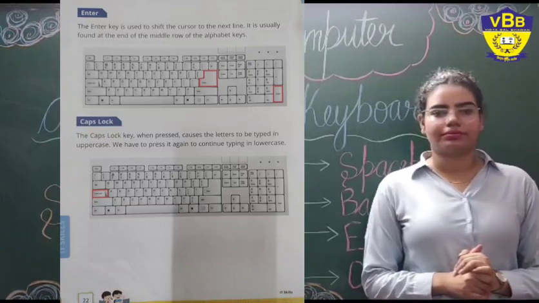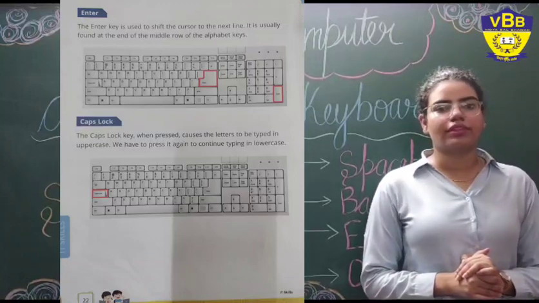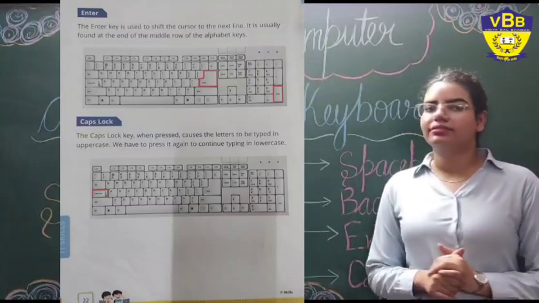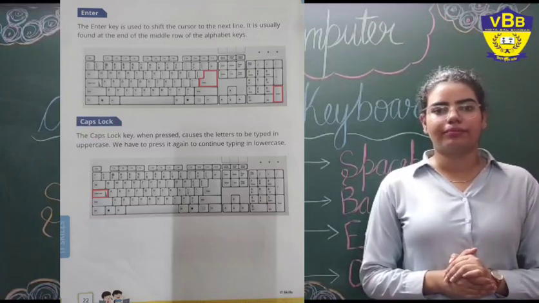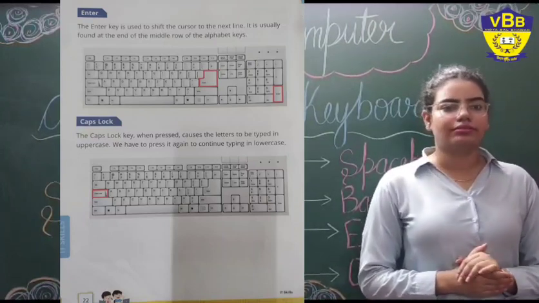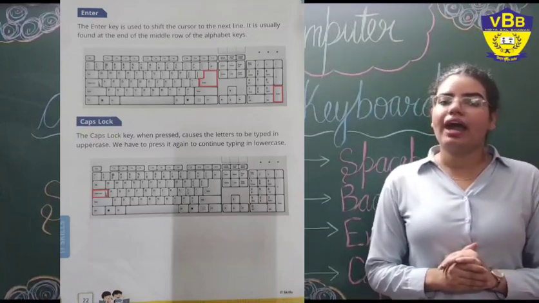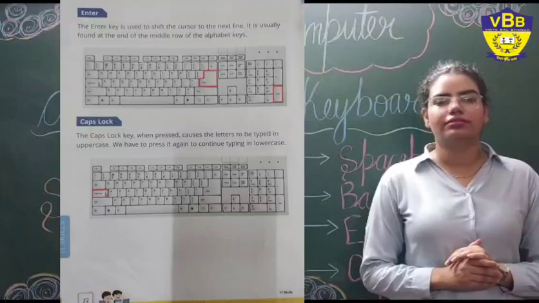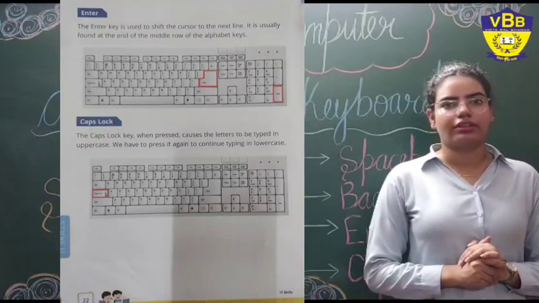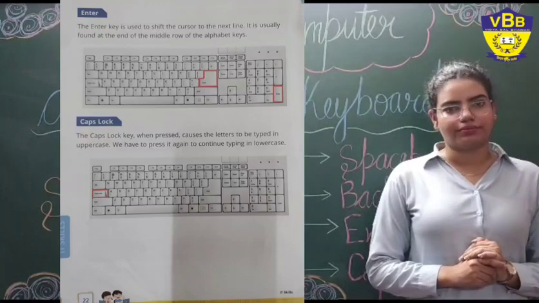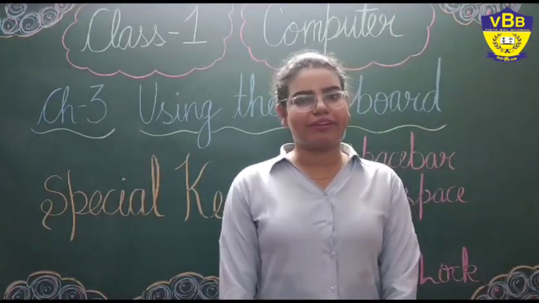Caps lock. The caps lock key, when pressed, causes the letters to be typed in uppercase. We have to press it again to continue typing in lowercase. So now with that, we have completed our chapter number 3.